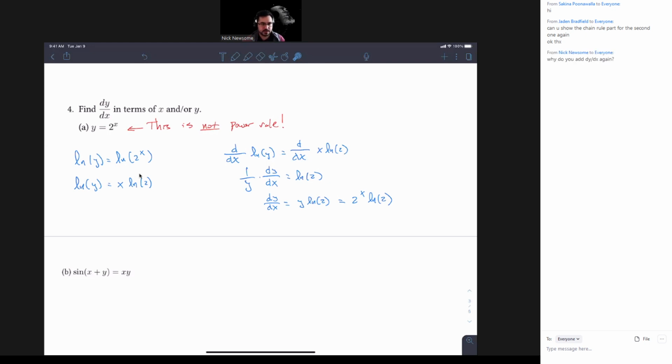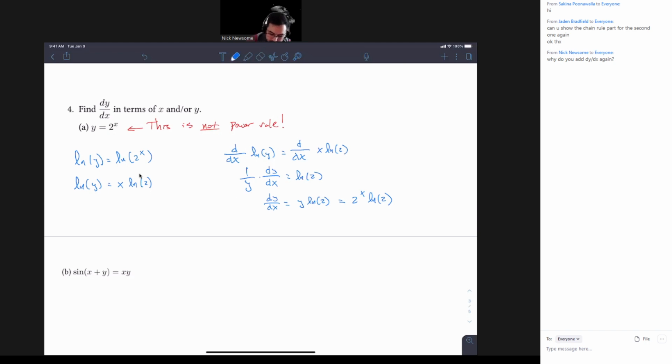Why do we add dy/dx? dy/dx happens because I took a derivative of y with respect to x. That's what the dy/dx says: derivative of y with respect to x. That's what those letters mean. Over here, when I took this derivative, I'm taking a derivative of x with respect to x.